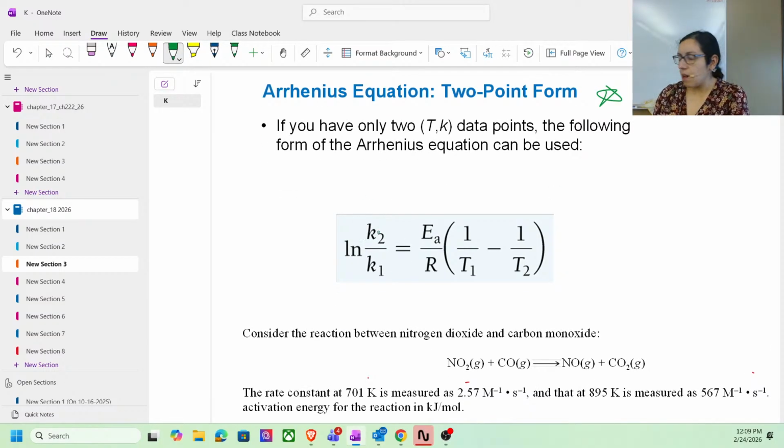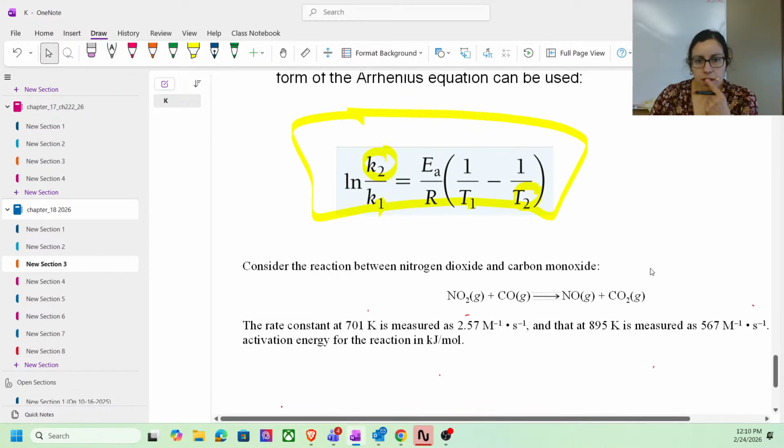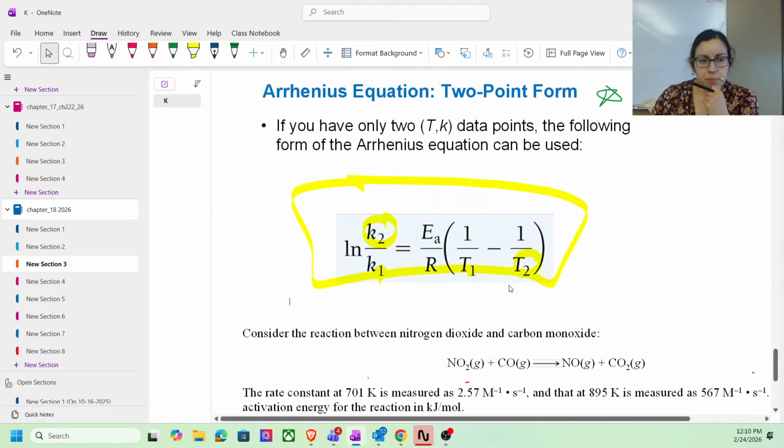We have the rate at one temperature, our initial temperature, and then just make sure that you keep T2 with k2, and T1 with k1 here. This is probably the form that you'll use in lab or in practice problems, that two-point form. But all of these could be relevant.